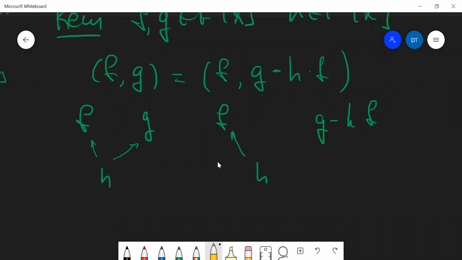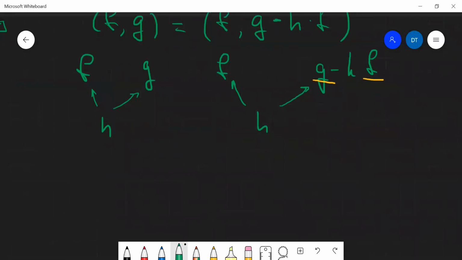But now, if h divides f and h divides g, then it's clear that h divides this difference, just by definition, because this is representable as h times something, and this is representable as h times something, then the whole expression is representable as h times something. Then it means that h also divides the second polynomial.